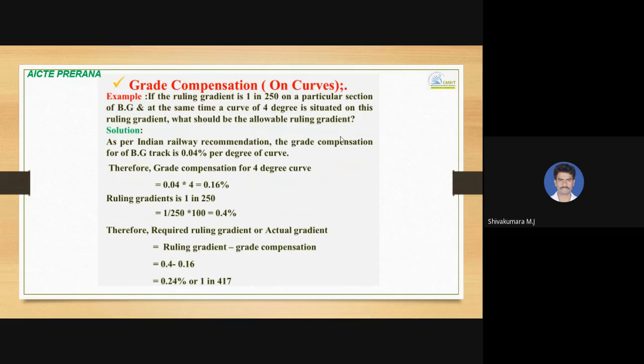So one example: if the ruling gradient is 1 in 250 on a particular section of a broad gauge, and at the same time a curve of 4 degrees is situated on this ruling gradient, what should be the allowable ruling gradient?